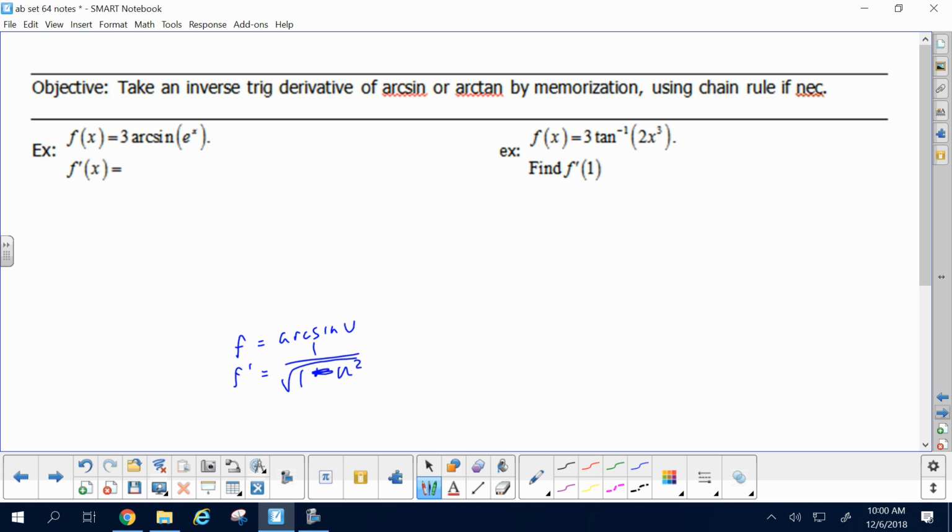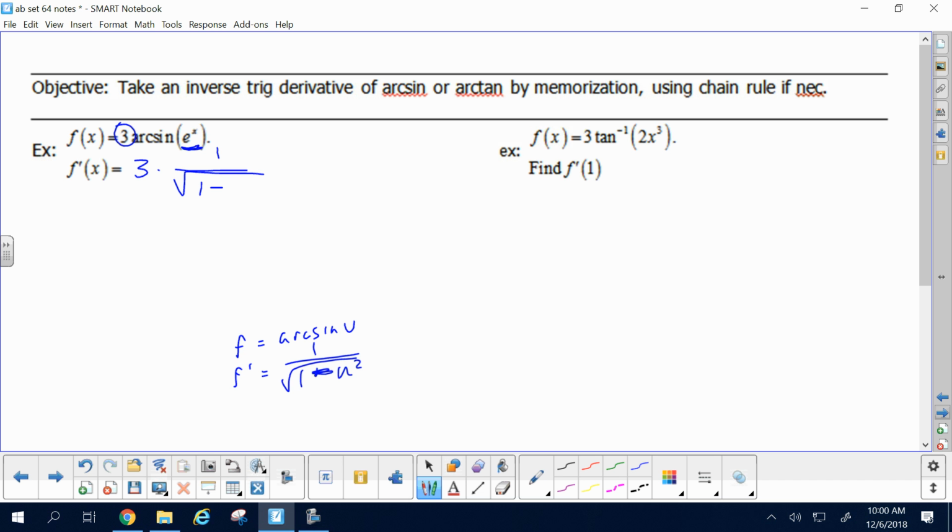But because I have a function within a function, I'll also have to do a little bit of chain rule action. So let's do the derivative on the outside. What's the derivative of arcsine? First of all, what happens with the 3? Can I just leave it out front? Okay. Times the derivative of arcsine, which is 1 over square root of 1 minus whatever's inside squared.